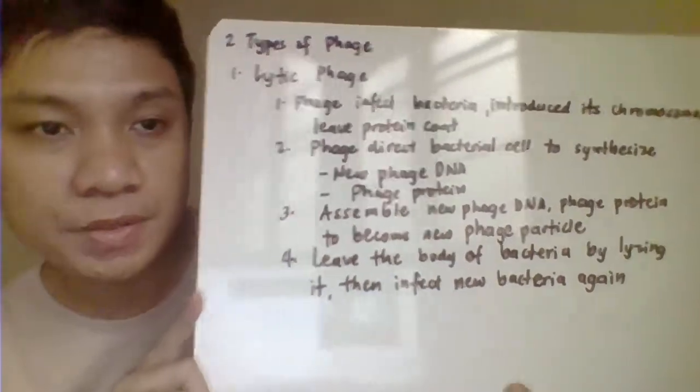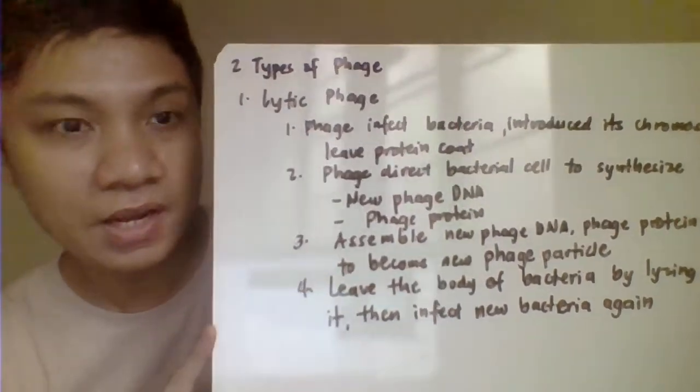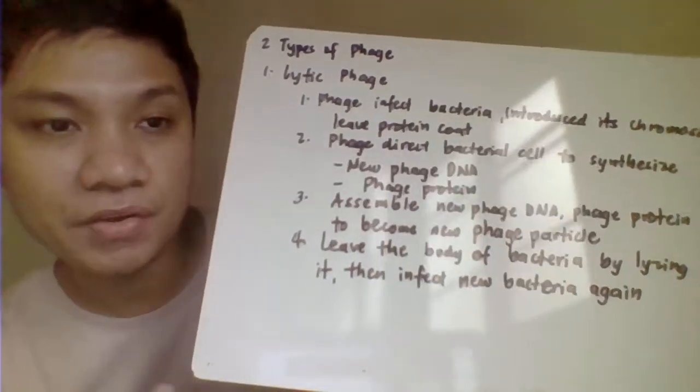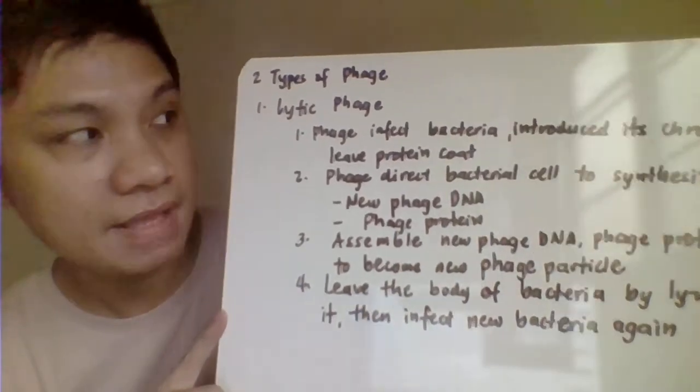Okay, then we have two types of bacteriophage. One is the lytic phage. Another one is the lysogenic phage. These are actually the life cycles of the bacteriophage. The first one is the lytic phage.